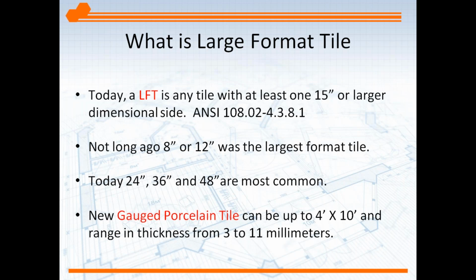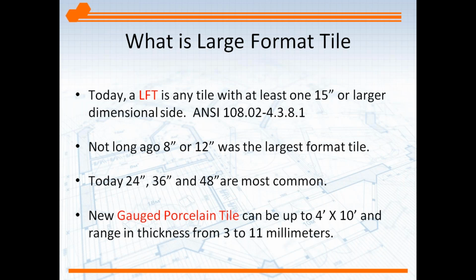It wasn't long ago that 8 and 12 inch were the most common tile we would see, but that's changed quite a bit. We don't really see that many 4x4 or 8x8 except in utility areas, or maybe they're designed into the project for a specific look. A lot of times it's 24 by 24 or 36 by 24, and even up to 48 inches are very common on projects now.